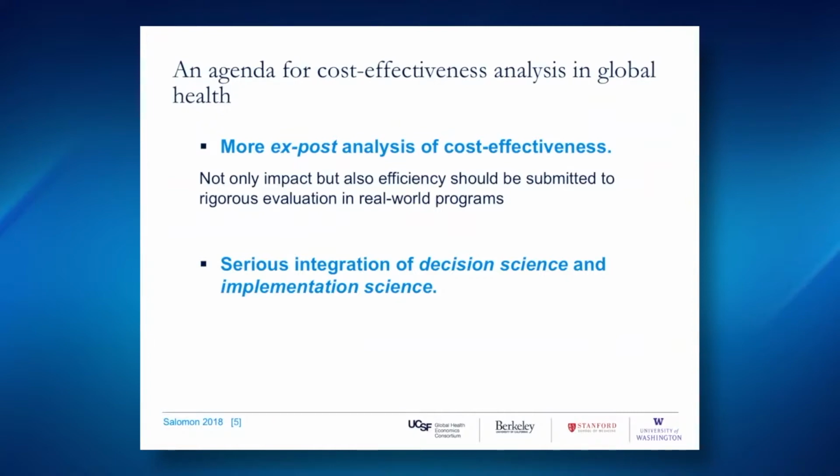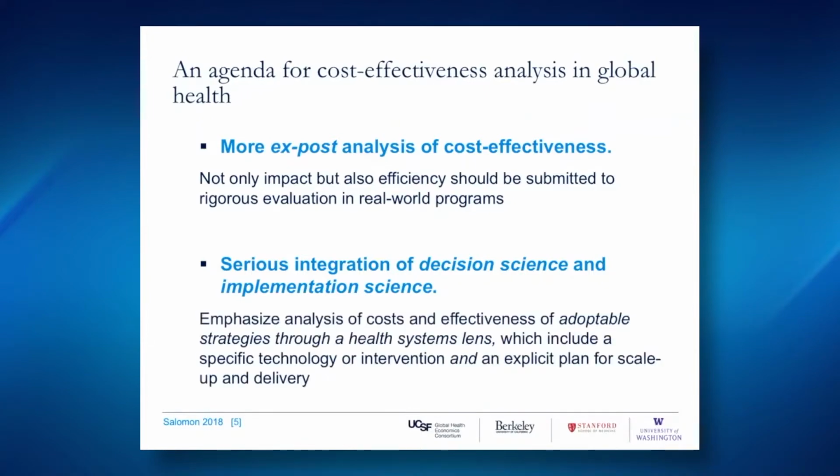And that is to say, to move from asking about the cost effectiveness of technologies, which is a very abstract way to think about things, to really asking about the cost effectiveness of adoptable strategies, including implementation specifics. And until that's done, I don't think we're really delivering on the promise of the field to provide information that's useful for decision makers.